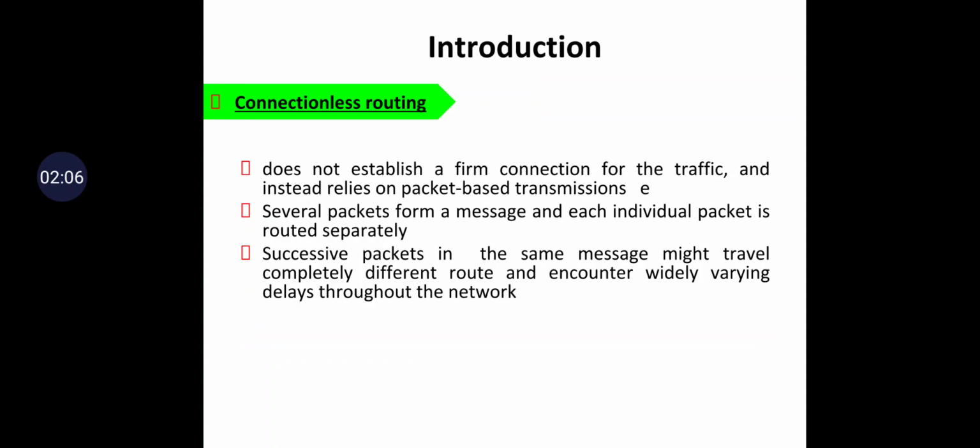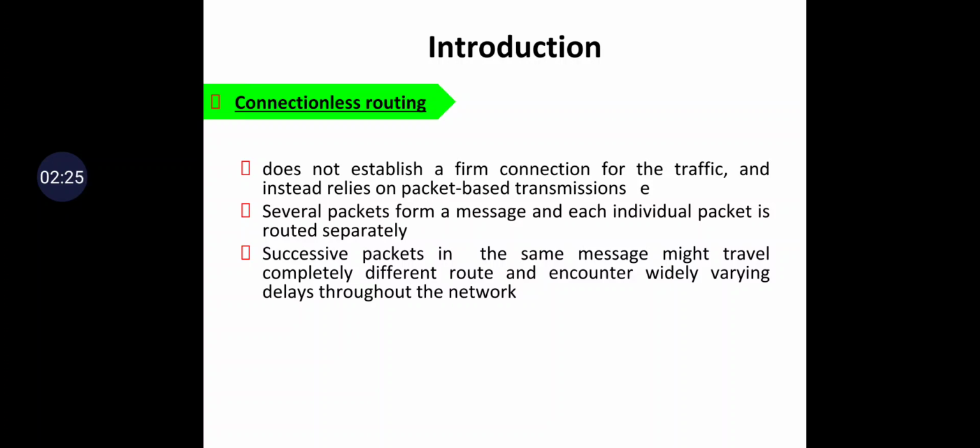So the second one is connectionless routing. In this case, it does not establish a fixed connection for the traffic and instead it relies on packet-based transmission. That is, several packets form a message and each individual packet is routed separately.